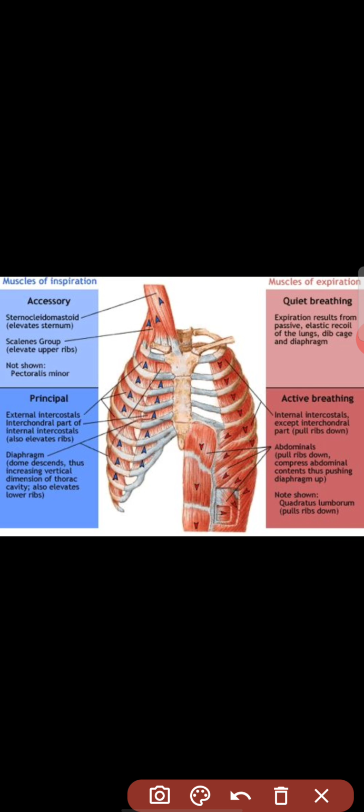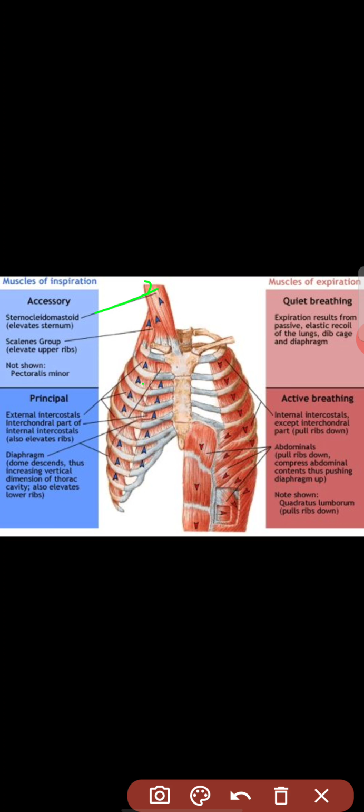You can see in this diagram, the sternocleidomastoid muscle elevates the sternum. It pulls the sternum upward during inspiration. Because of this, the volume of your thoracic cavity will increase and the pressure there will decrease.